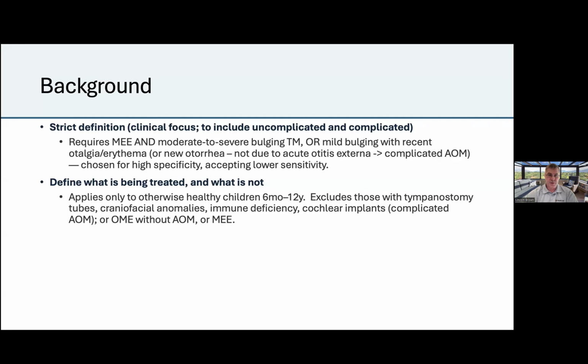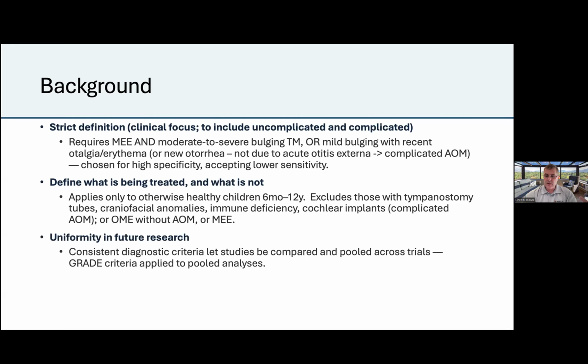That could be a ruptured TM, that could be due to tubes, could be craniofacial abnormalities, cleft palate, immune deficiencies, cochlear implants, anything like that that puts it in the complicated category, takes it out of this guideline, and most likely will start off with antibiotics, given the complicated issues that are already present with these patients. So we've clearly defined what we're treating, what we're not treating.